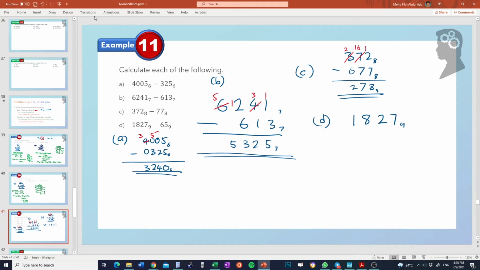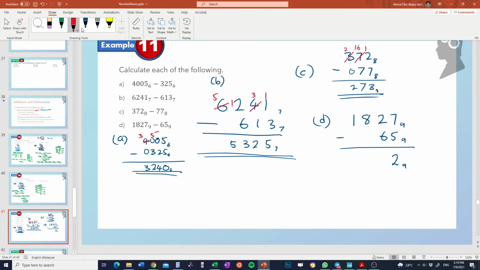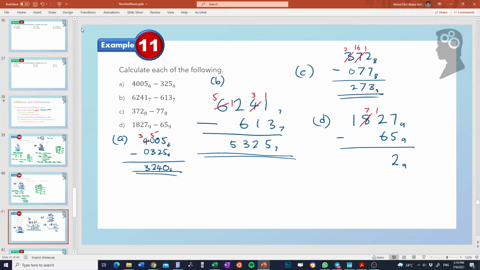1827 base 9 minus 65 base 9. Okay. 7 minus 5 is straightforward, that is 2. 2 minus 6 is not straightforward. So we need to borrow again. This becomes 7. This becomes 1, 2.